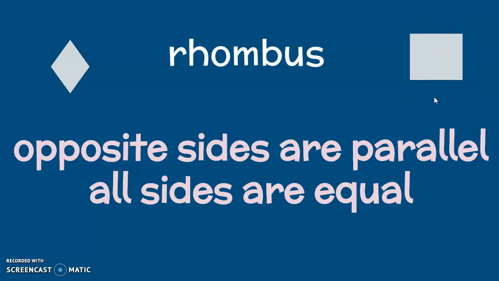Why? Think about it. Opposite sides are parallel. All the sides are equal. So these two figures, a rhombus and a square, are actually both rhombuses, rhombi, one of those. I will look that up and let you know.